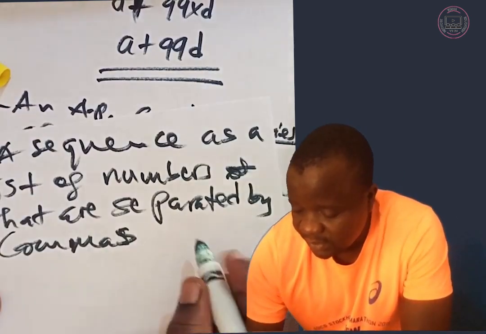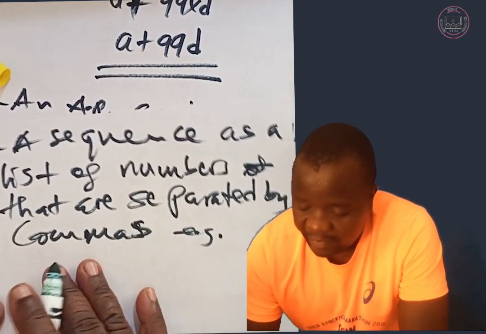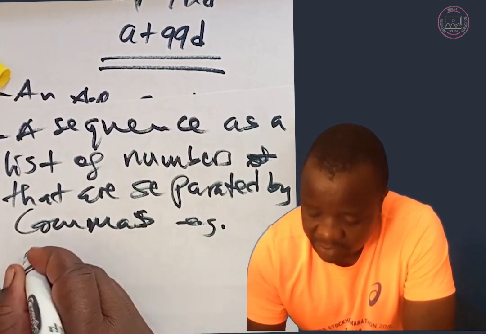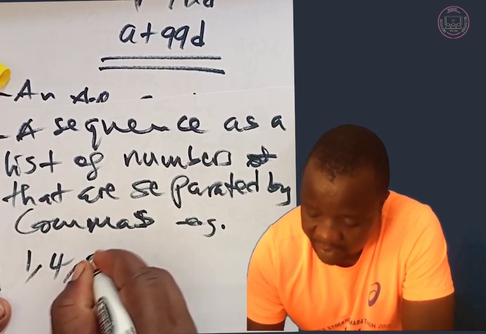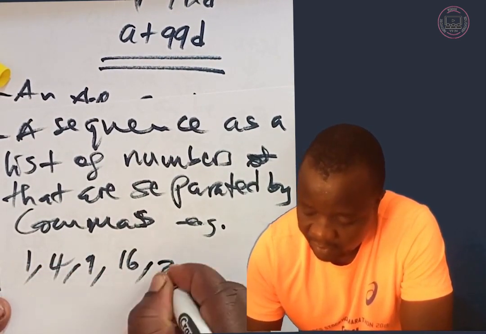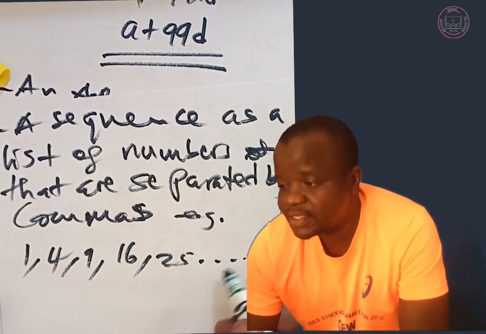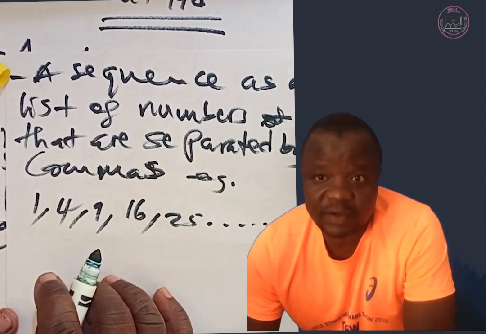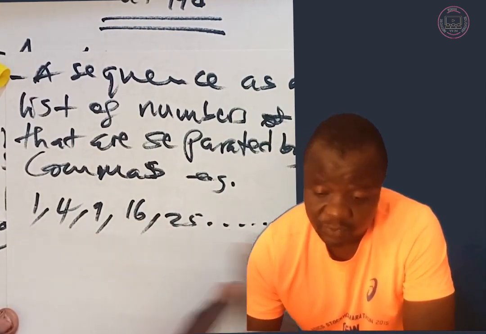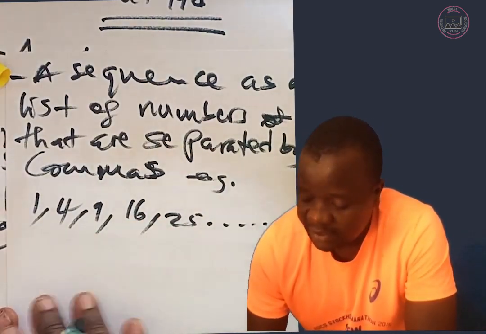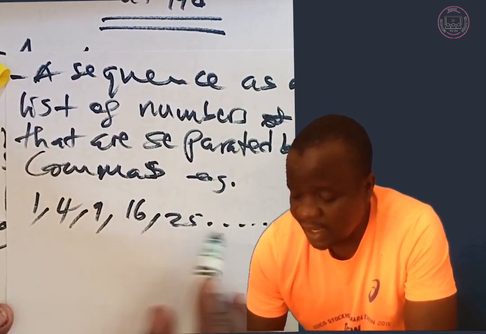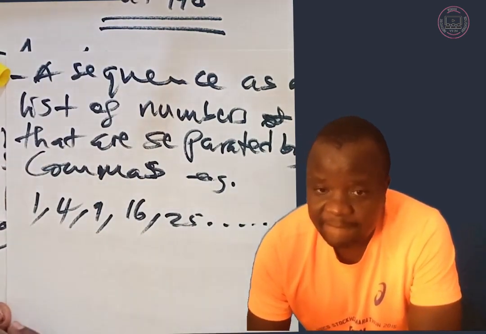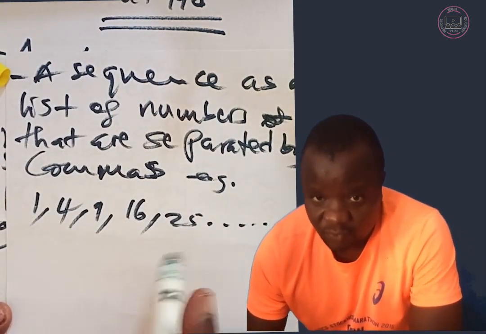For example, the examples that we have, e.g., 1, 4, 9, 16, 25. The dots here mean that the numbers are progressing, continuing up to whatever value it might be. So this one is a sequence.